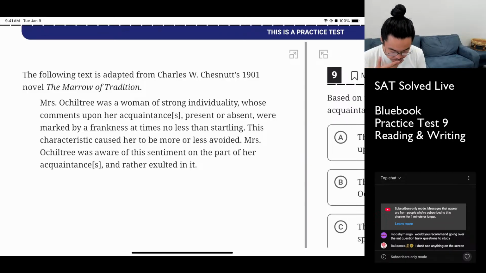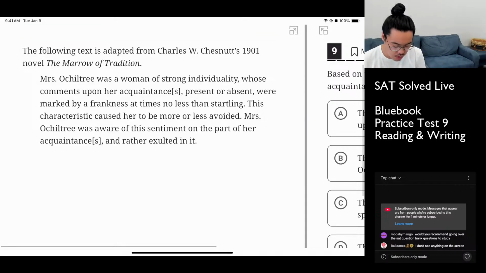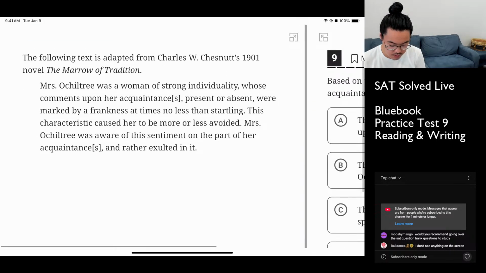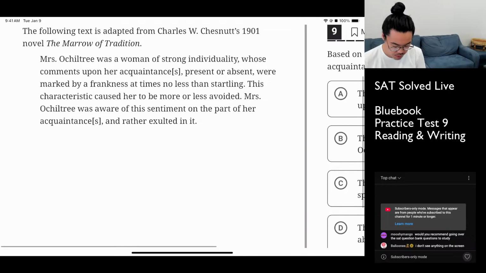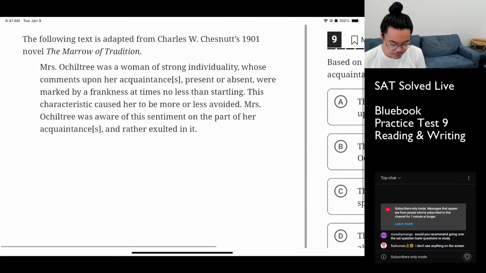Number 9, 1901, The Marrow of Tradition. Mrs. Ochiltree was strong. Her comments upon her acquaintances, present or absent, were marked by... They were frank. They were startlingly frank. So this caused her to be avoided. People don't like how honest she is, and she actually exults in this character.